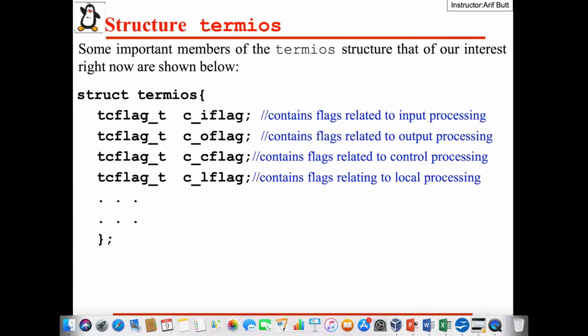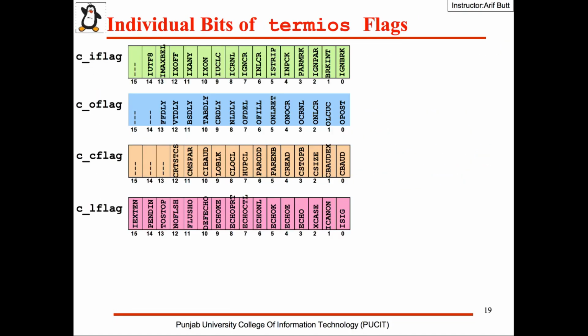Let me move back to the slides again. I have created a slide that shows different bits of these flags. It is a pictorial view of the bits of the 4 member variables of the termios structure with all their constants and their respective bit positions. For example, in the local flags, you can see the ECHO bit is at bit position 3, and the ICANON bit is at bit position 1.